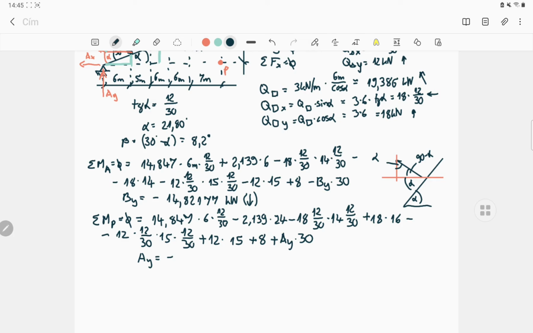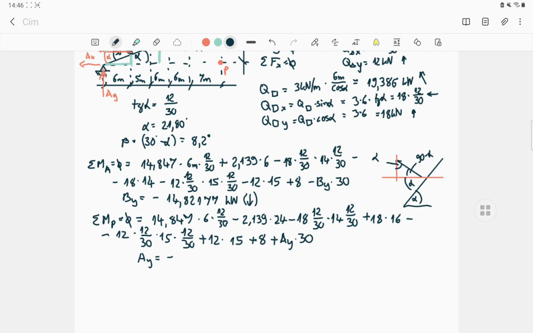Sorry, I miscalculated. So again, 14.847 times 6 times 12 over 30 minus 2.139 times 24, minus 18 times 12 times 14 times 12 over 900 plus 18 times 16 minus 12 times 12 times 15 times 12 over 900 plus 12 times 15 plus 8.